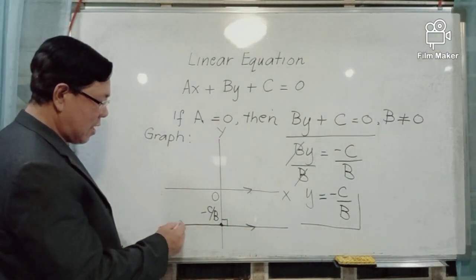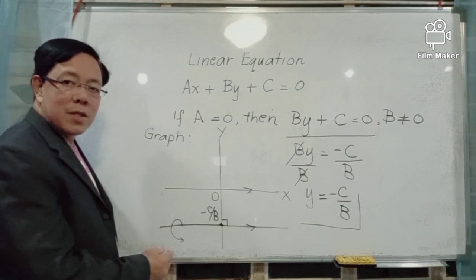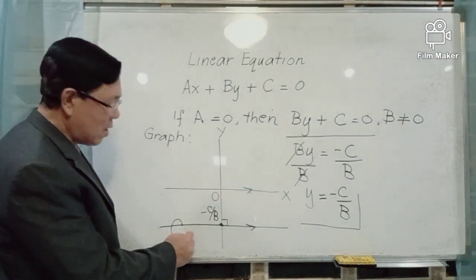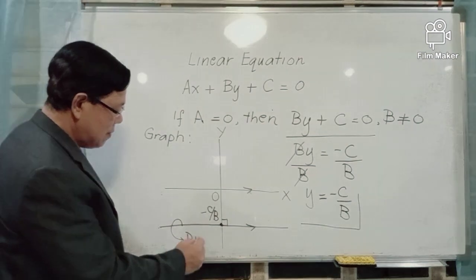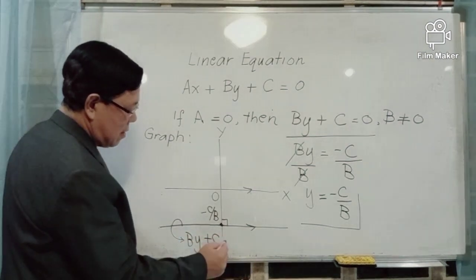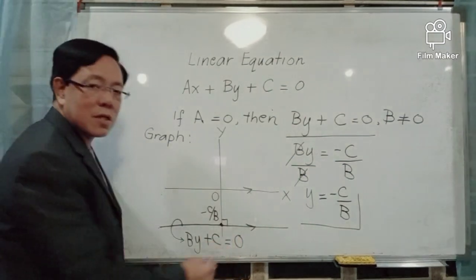This horizontal line is the graph of this equation, linear in one variable, dy plus c equals 0.